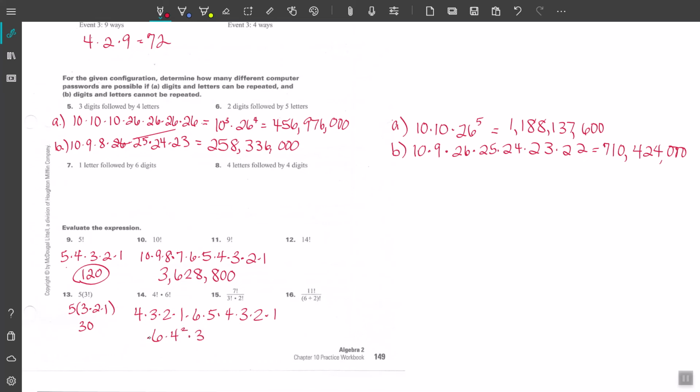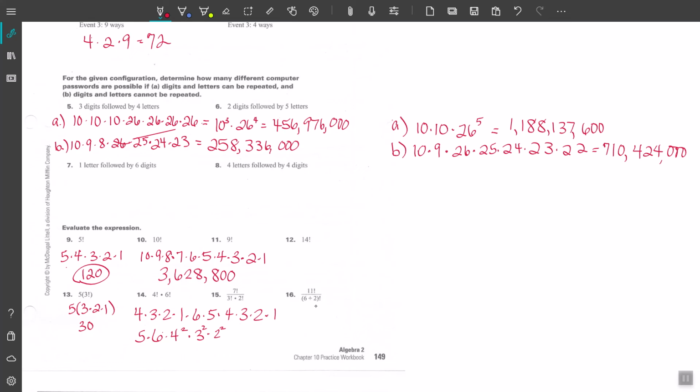Oh, I forgot the 5. The 5 needs to be in there as well. 3 raised to the second power. And then 2 raised to the second power. And of course 1 raised to the second power. I'm just going to leave that out since that would just be 1 itself. So make sure you're following order of operation when you do these.